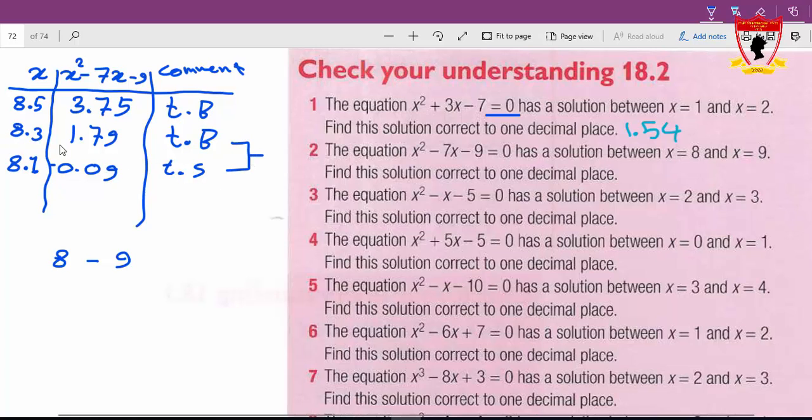Then between 8.3 and 8.1, the answer must be very close to 8.1 because with 8.1 we got negative 0.09. Then if we pick something between 8.3 and 8.1, it must be very close to 8.1. Then we can approach 0 closer than what we have now. Then what about 8.15? It is between 8.3 and 8.1 and it's closer to 8.1.